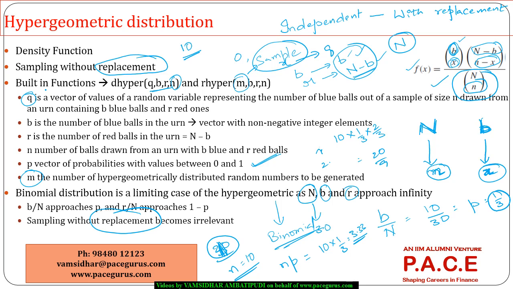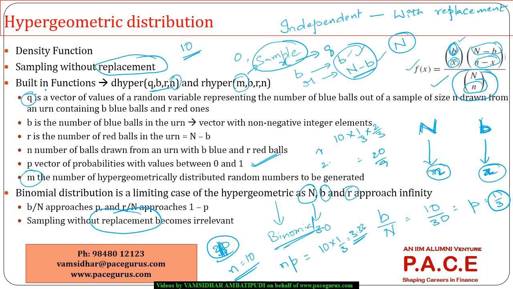This is what we mean: as the size of the population keeps increasing drastically, approaching infinity, I can very well use the binomial distribution as a limiting case of the hypergeometric distribution. Alright.